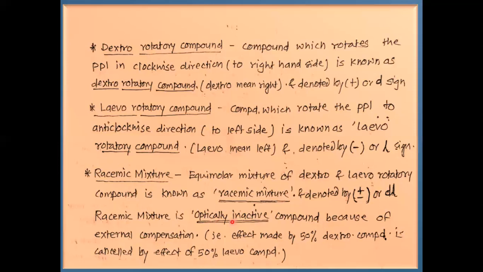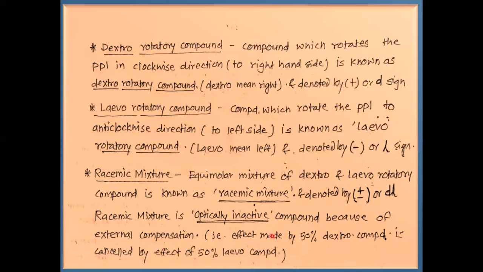It is optically inactive because of external compensation. That is, the effect made by the 50% dextro compound is cancelled by the effect of the 50% levo compound, because this racemic mixture contains 50% dextro and 50% levo compound.